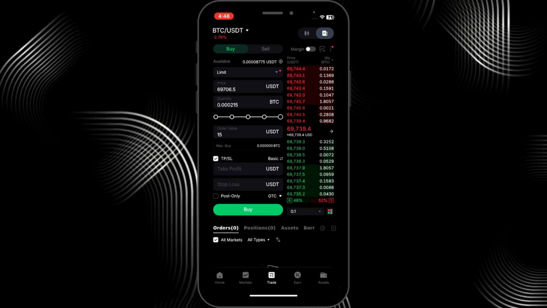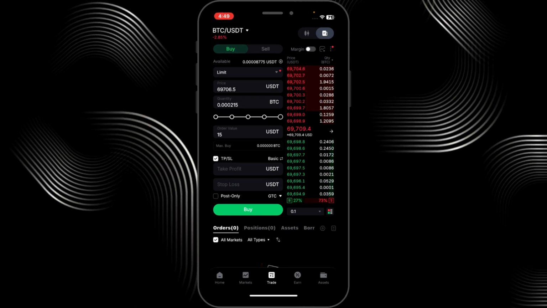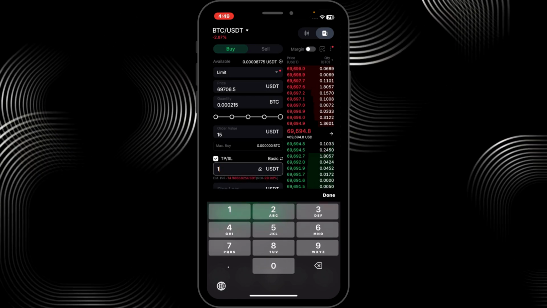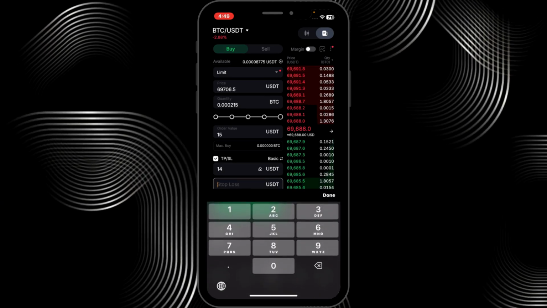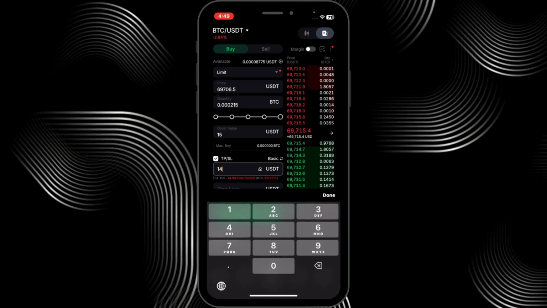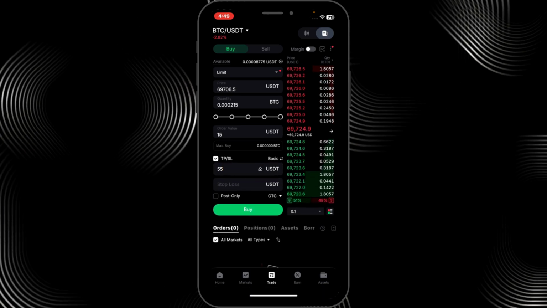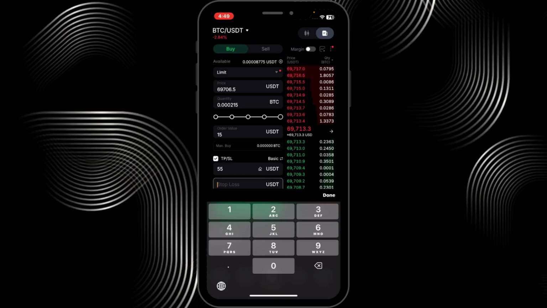So if you're buying a long position, you have to add a lower price for the stop loss, and for the TP, let's say 55, and the stop loss should be 40, right?